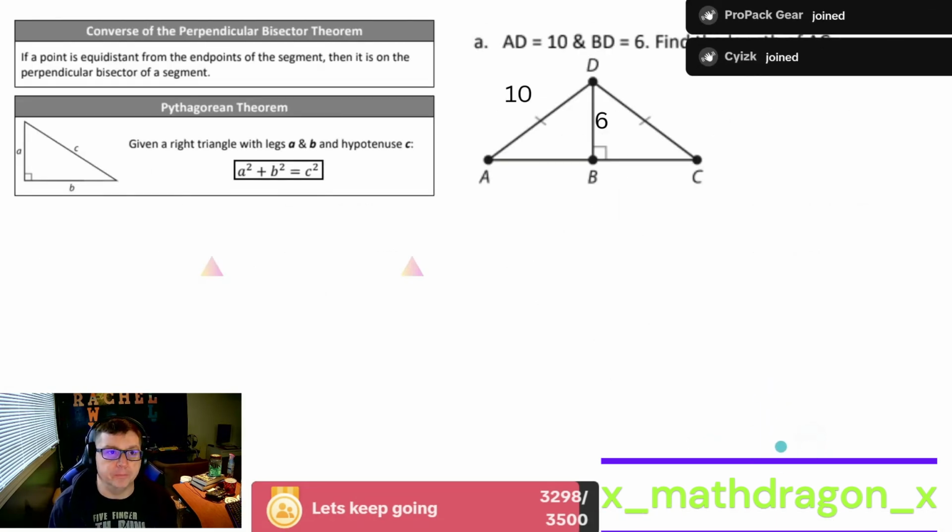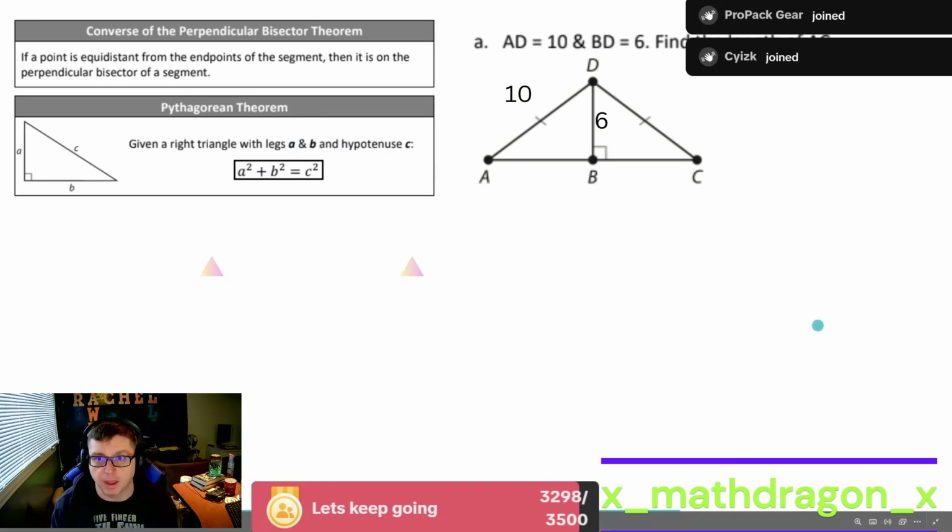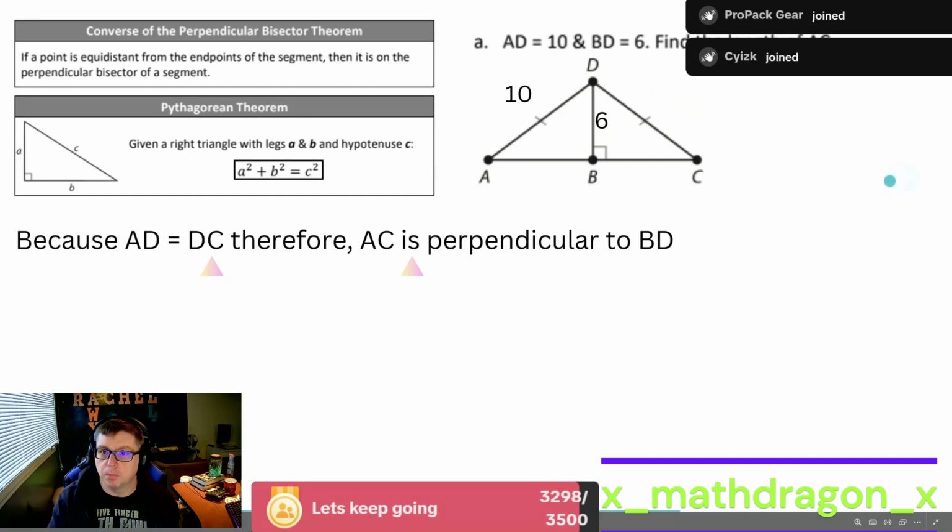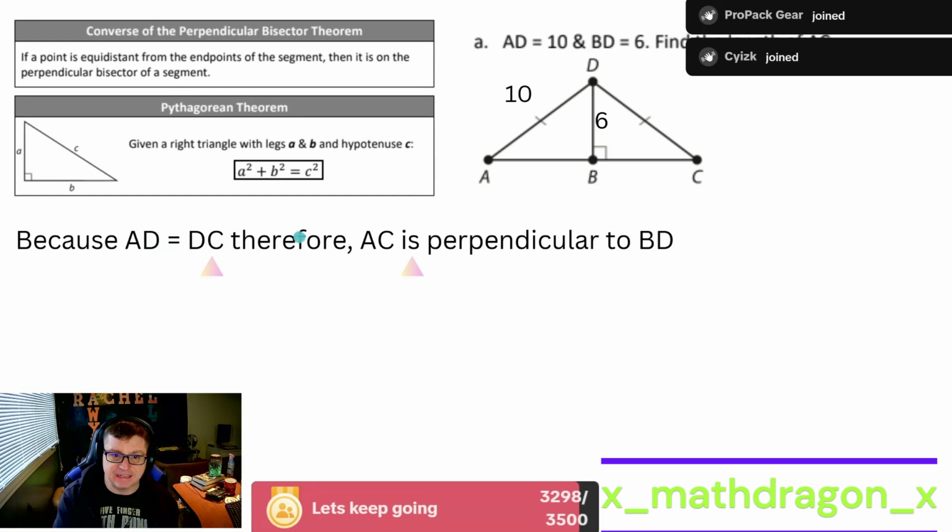All right. So the converse of the perpendicular bisector is a little bit trickier, and that's because we need to apply the Pythagorean theorem to this idea. They told us because AD equals DC, therefore AC is perpendicular to BD.